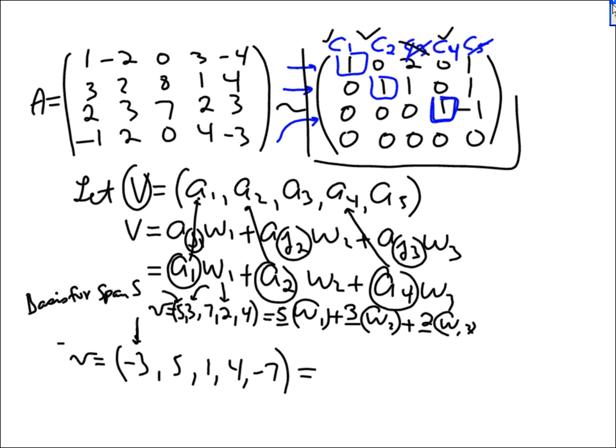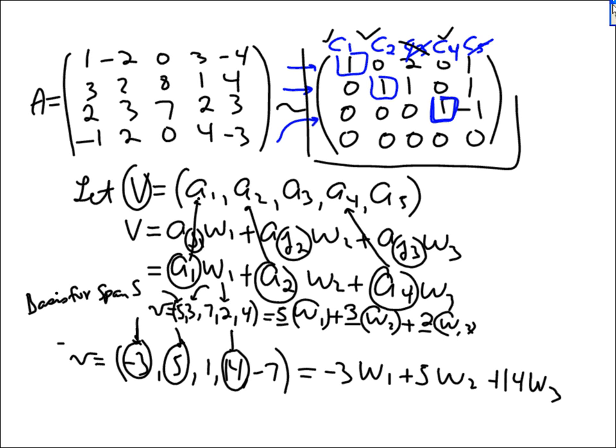Those are the coefficients: this first number times W1 plus this second number times W2 plus, now let's make that a 14, plus this fourth number times W3. And work it out. It will work. Of course, this would have to be in the span.